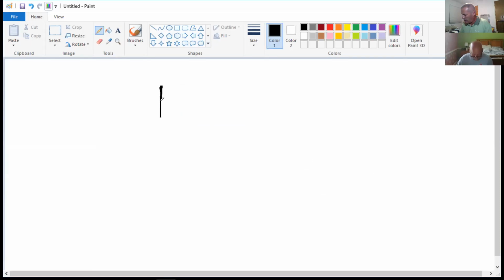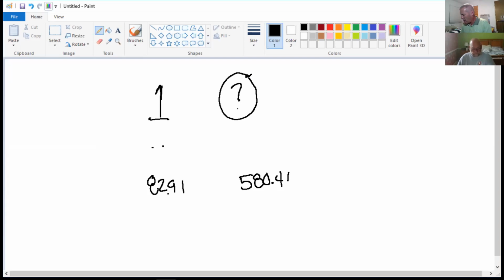We're going to use the same numbers here: 1 to 82.91. I'm going to give you a value here. What was the last answer? 580.41. Right. What are the primary amps? I'm going this direction now. What kind of math do I need to use? Divide those two, right?